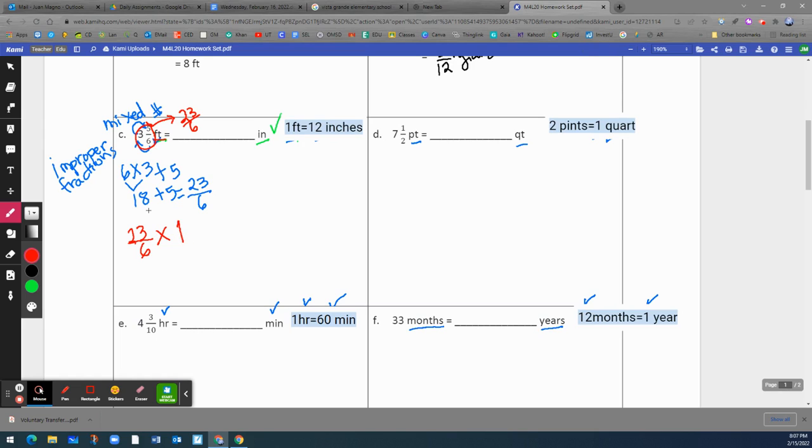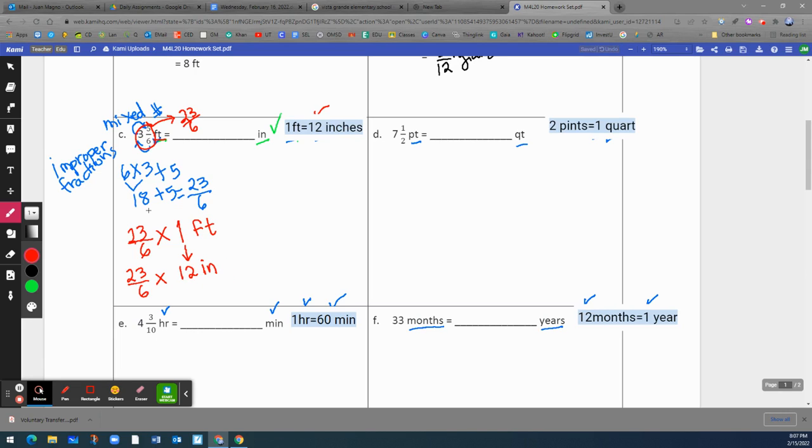We're going to multiply by 1 foot. Now, we have to convert the 1 foot into inches. And how many inches is that? 12. So we're going to do 23 over 6 times 12 inches.